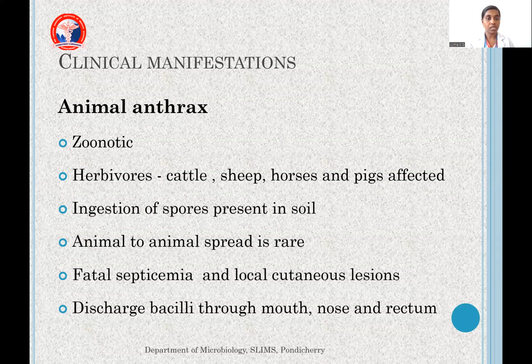The disease manifestation in animals is local cutaneous lesions, and fatal septicemia can also occur. This infected animal will discharge lots of bacilli through their mouth, nose, and rectum into the soil. The bacilli that remain in the soil will sporulate, and they remain as a source of infection for human beings.